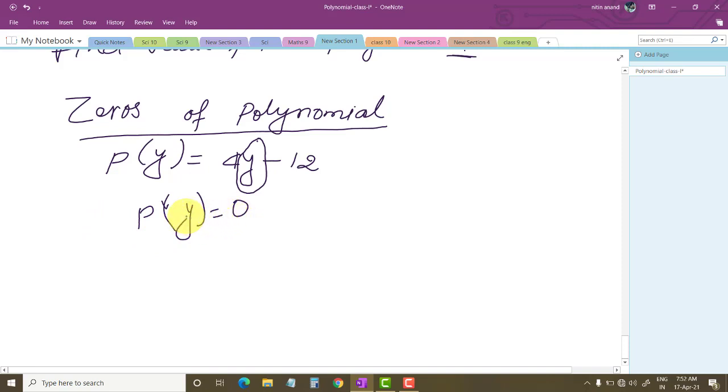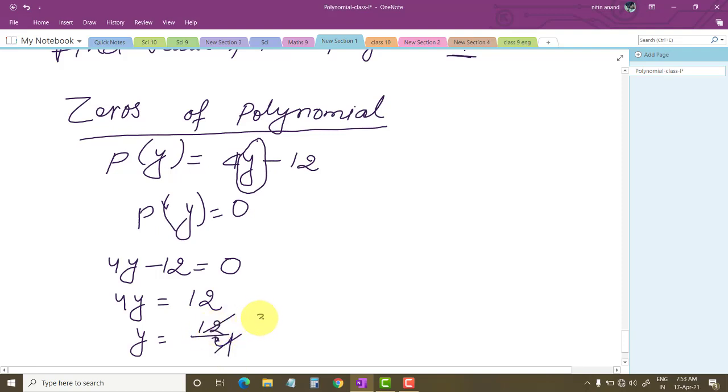Now p(y) means 4y minus 12, so 4y minus 12 is equal to 0. Then 4y equals 12, this is the simple simplification. Now y equals 12 by 4, that simplifies to 3.